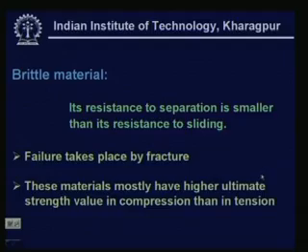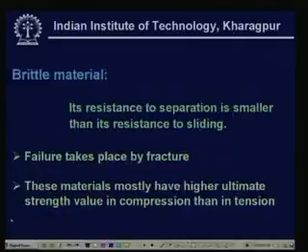That means there is no sliding, which we have seen earlier for the case of ductile material, where two layers of material can have a relative sliding around 45 degrees, but here it will have a sharp fracture separation, and this is considered a brittle material.